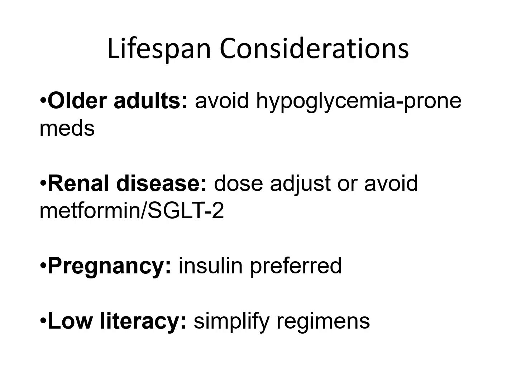So, older adults, the primary goal for elderly patients is avoiding hypoglycemia. So, that means being very cautious with hypoglycemia prone medications like insulin and sulfonylureas. Targets may be less stringent, as we said at the beginning, especially in frail patients or those with limited life expectancy. So patients with renal disease, medication choice and dosing is going to become critical.